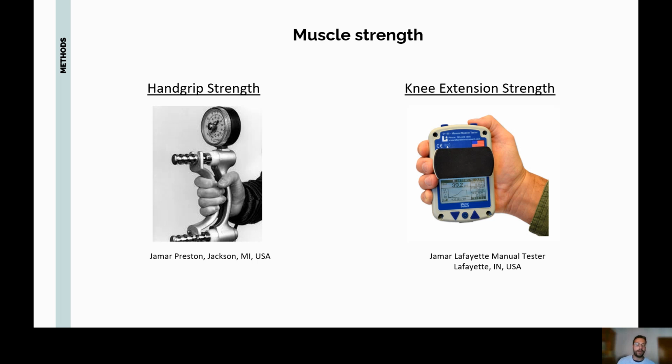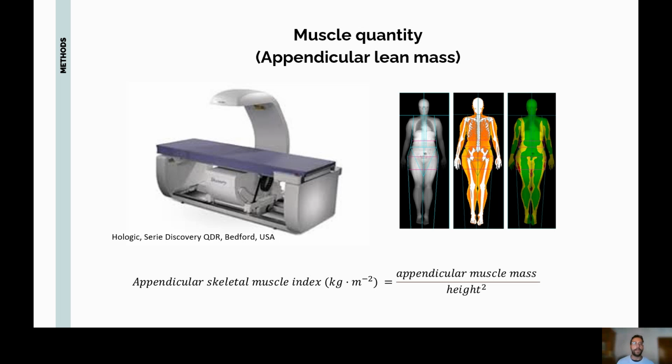Other variables that we measured were hand grip strength and knee extension strength with a dynamometer. We assessed also muscle mass with a DEXA scan, and we calculated the appendicular skeletal muscle index, dividing the appendicular muscle mass by the squared height of the subjects.